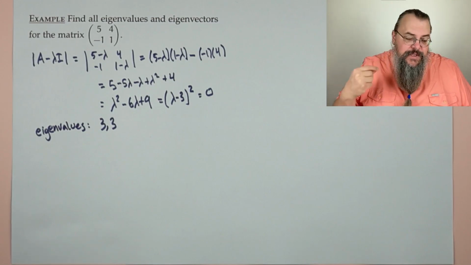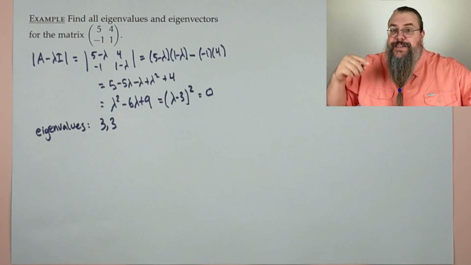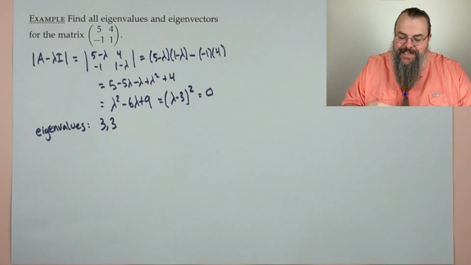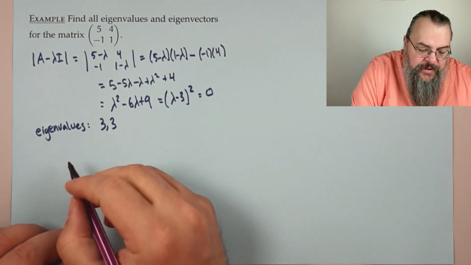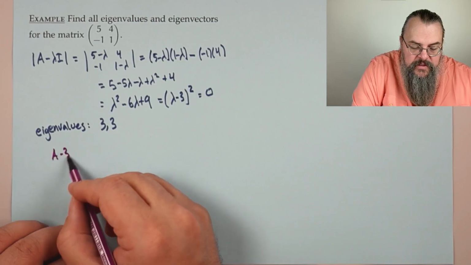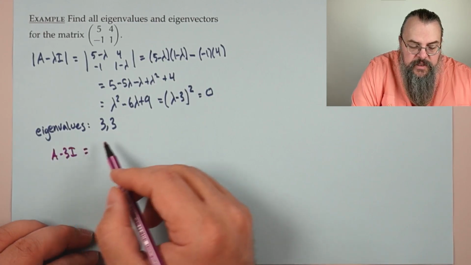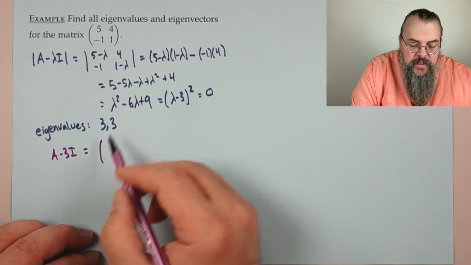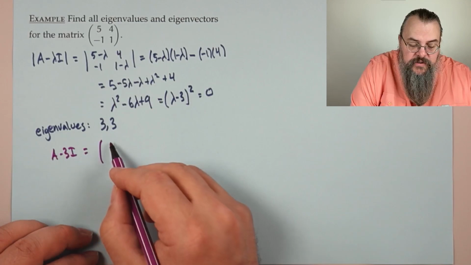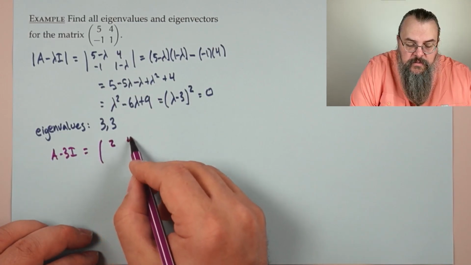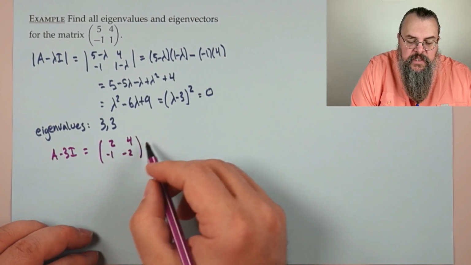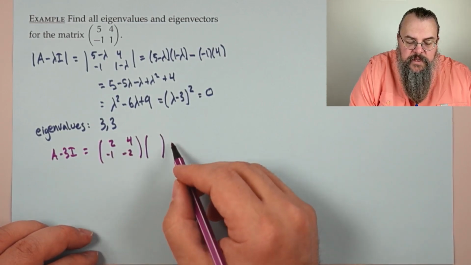Now, for our eigenvectors, we have 2 eigenvalues. So in order to make things work well, we need to have 2 distinct eigenvectors. Now, we'll get into what I mean by that, but let's carry through here. So we're going to take A minus 3I. Think of lambda as 3, so that would be 2, 4, minus 1, minus 2.